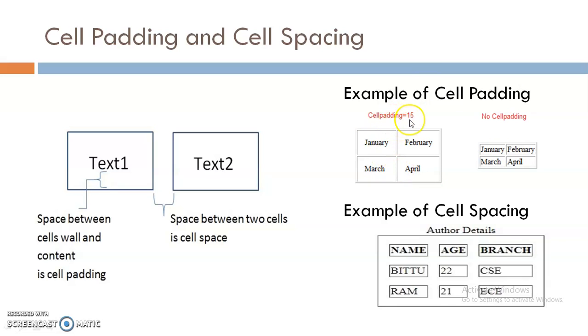Here cell padding is 15, so the distance between the cell wall and the content of the cell is 15. This is the example of cell spacing. Here the cells are name, age and branch. The space between these two cells is called cell spacing. This space is called cell spacing.